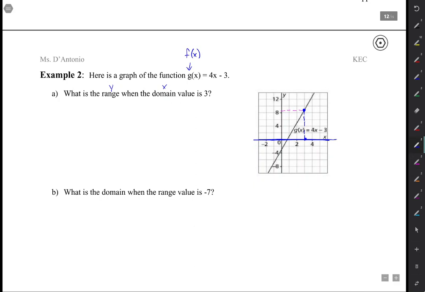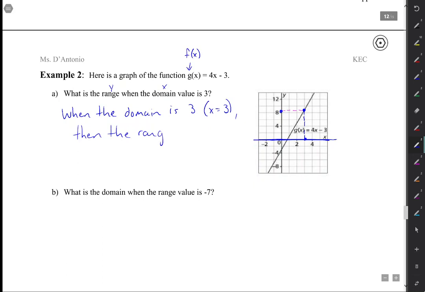So we'll put when the domain is 3, or in other words, x is equal to 3, then the range is, and we said approximately 9. So we'll say that y is equal to 9. So when the domain is 3, the range is 9.